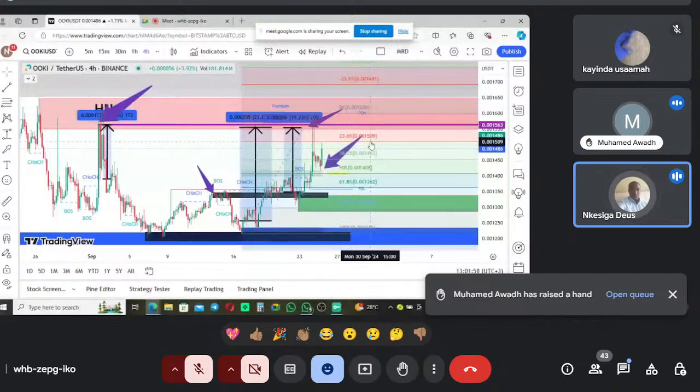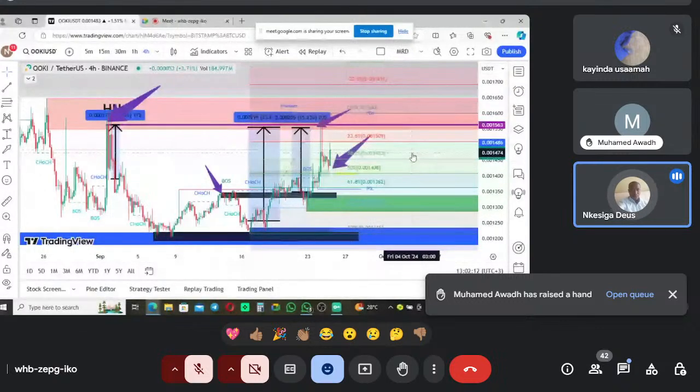It is retesting the support, not resistance. You get the point? At times you don't need to use retesting, but you can use confirmation. Just understand that confirming is you seeing that the market is going where you wanted it to go. You get the point?